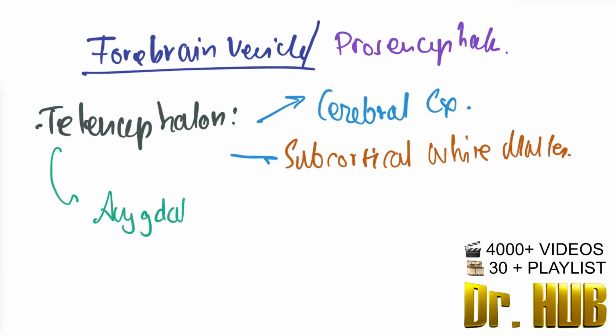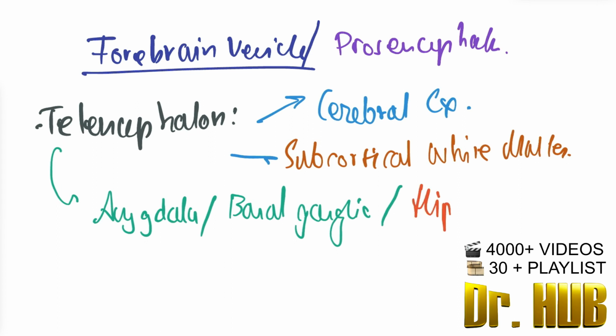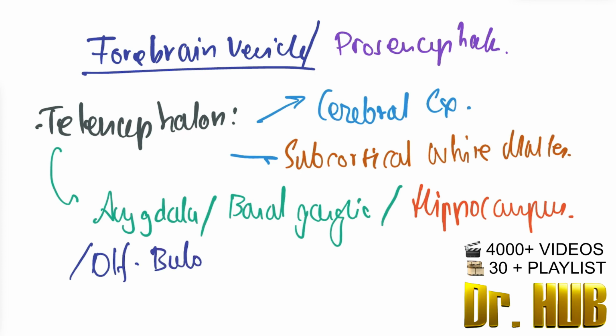There is also the basal ganglia. Next is the hippocampus. Then there is also the olfactory bulb and the olfactory tract.